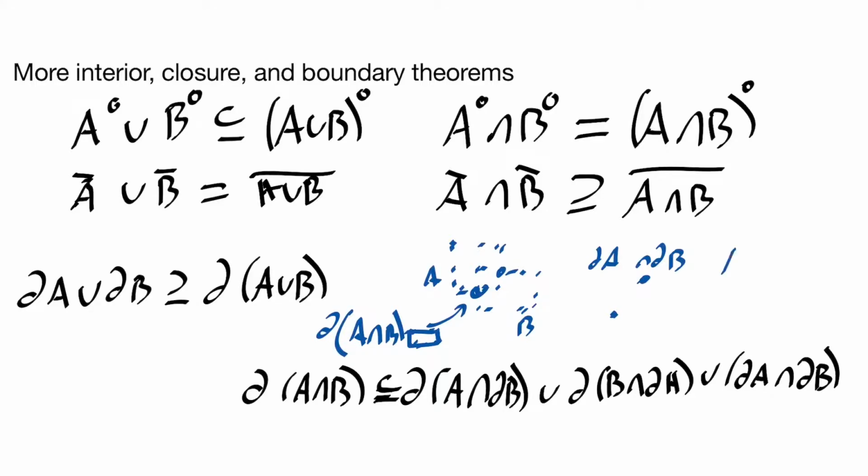So we also have to take A intersect the boundary of B, and that is, think of the parts of the boundary of B that go into A, and that gives us kind of that L shape, and then the other one gives us the other L shape. So you can see why we need all three pieces to put together our story here. And then I'll let you think a little bit about why it's not an equal sign, and we can come back to that at some point.